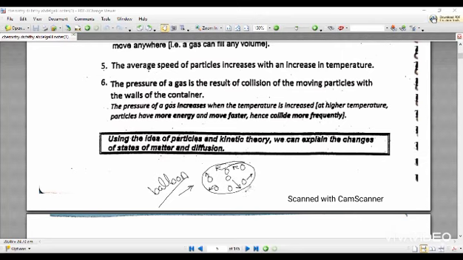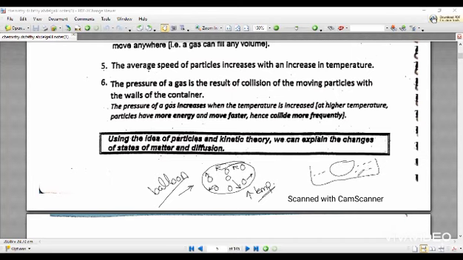So, what will happen if we increase the temperature of this balloon? If you put a balloon in a bowl filled with boiling water, you will find that this balloon will rupture. It will explode.